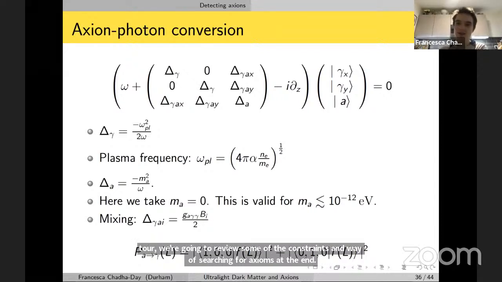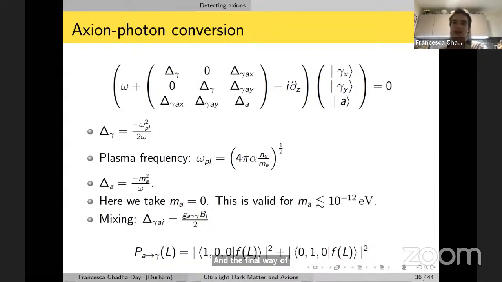The final way of searching for axion dark matter that I wanted to discuss in detail is axion photon conversion. There's quite a lot of maths on this slide, but what this is basically saying is that the axion photon interaction means that in the presence of a background magnetic field, axions and photons can interconvert.